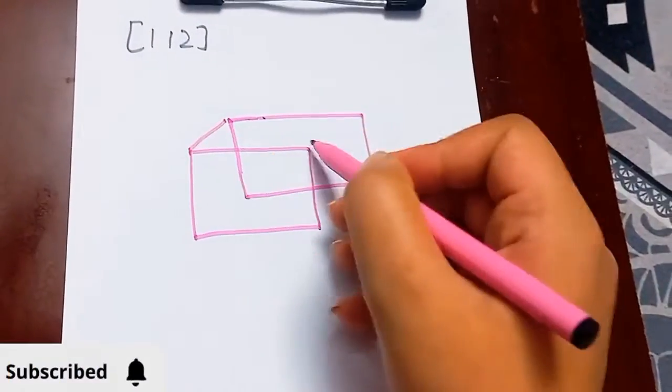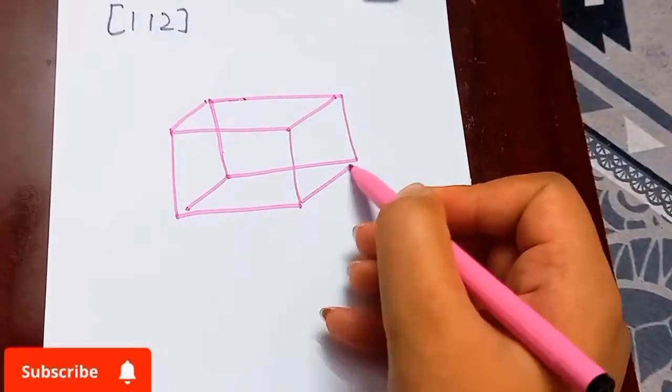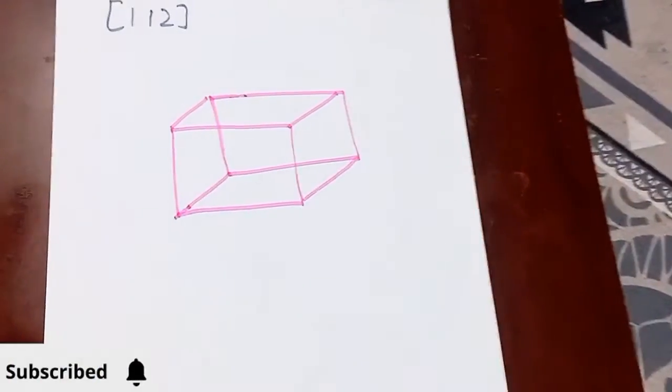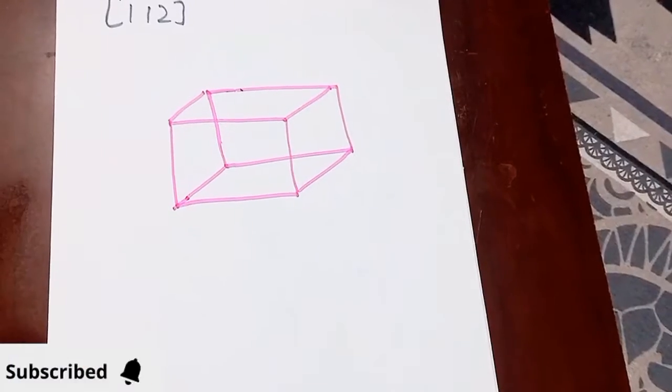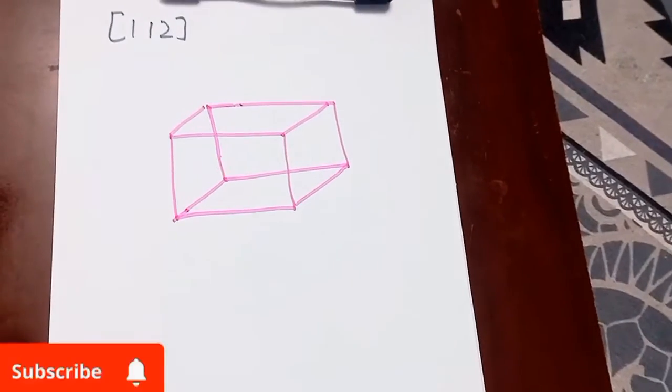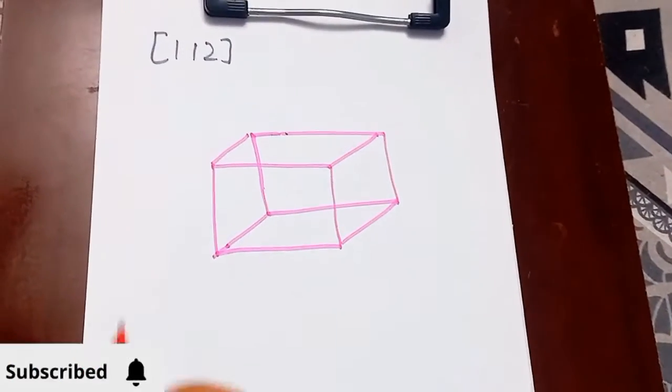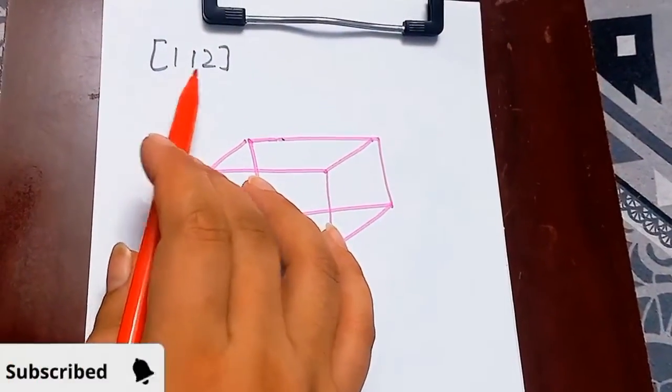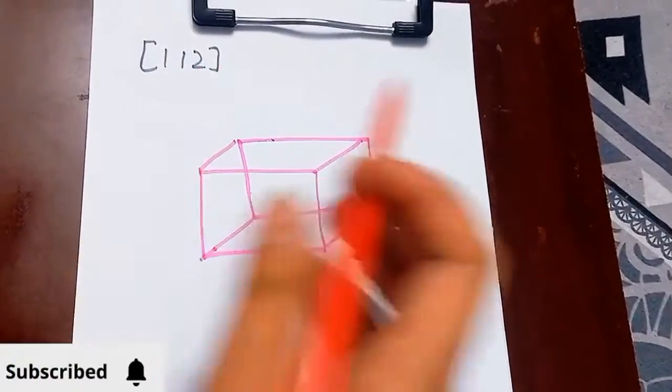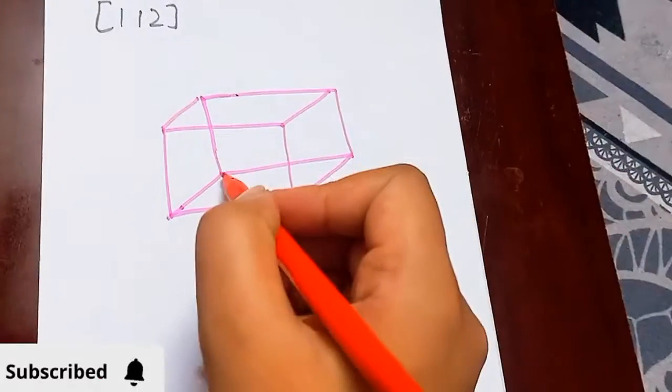So this is the cube. First of all we need to draw the cube inside which we'll draw the plane, and next is to identify the coordinate system. We can see here that all of the indices are positive, so we'll choose an all positive origin, which is this point.